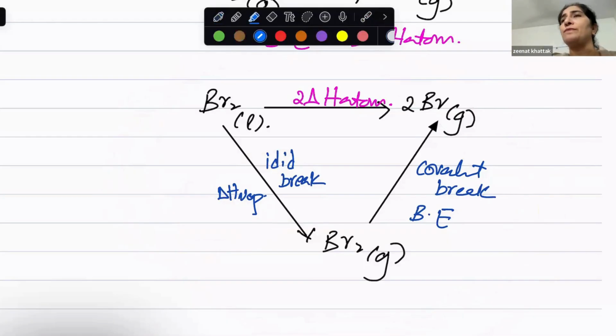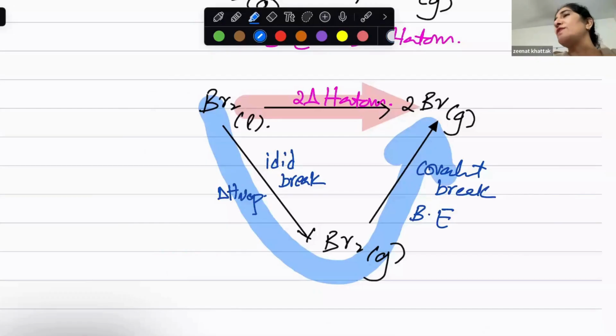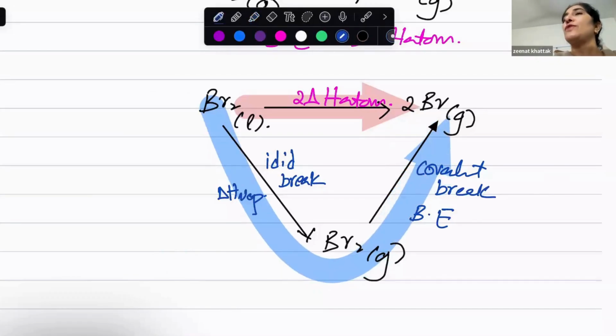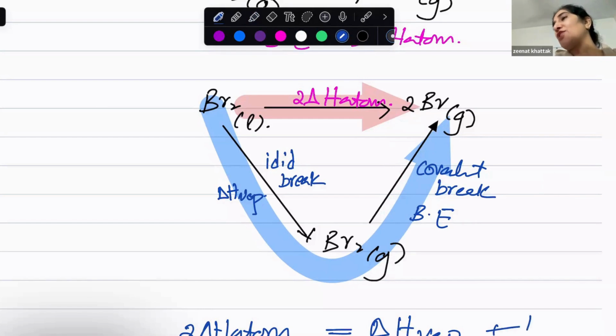And now look, is this just one route? One route is this. And what is the other route? Look, it's this. There are 2 routes. So can I say that 2 atomization is equal to delta H vaporization plus bond energy?